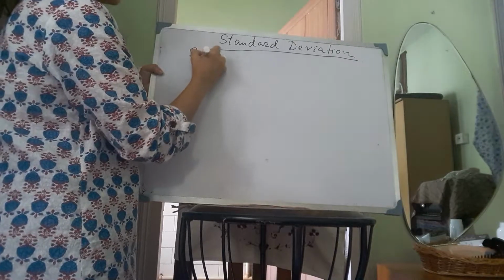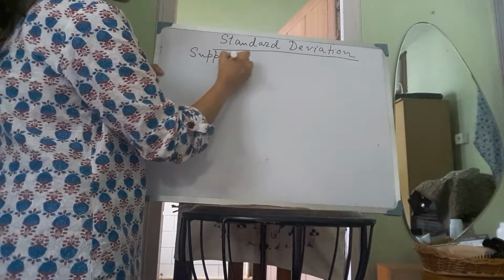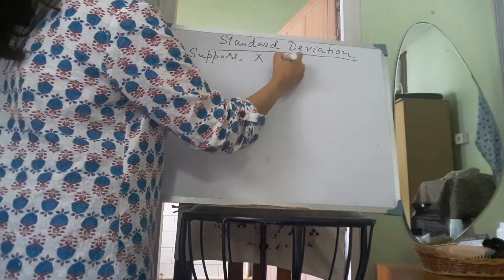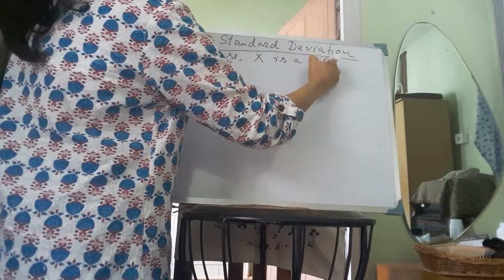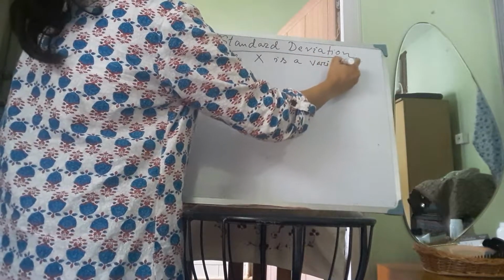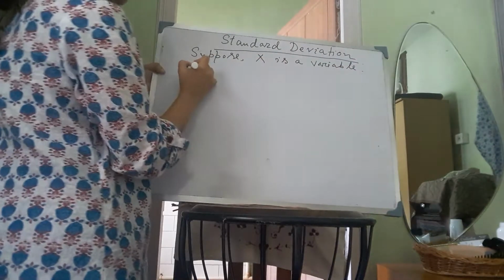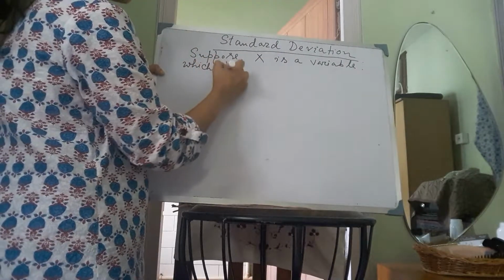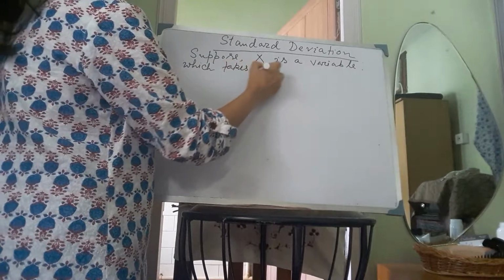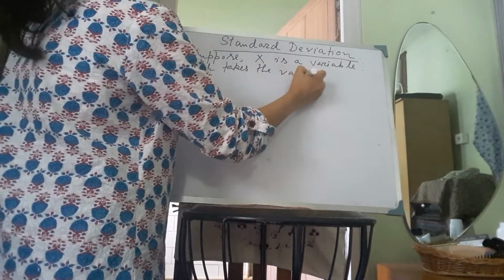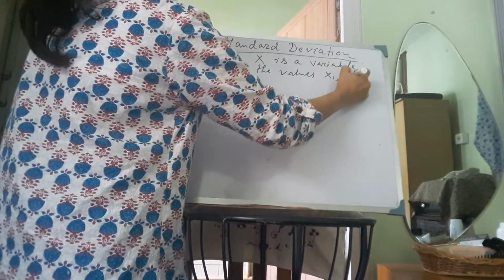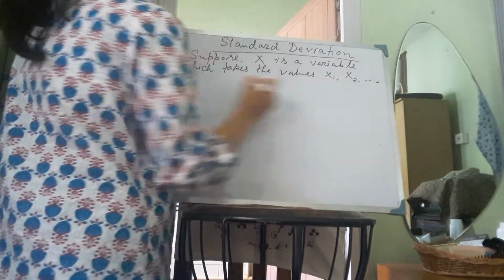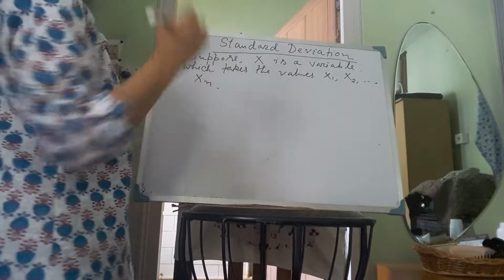Suppose x is a random variable which takes the values x1, x2 through xn.